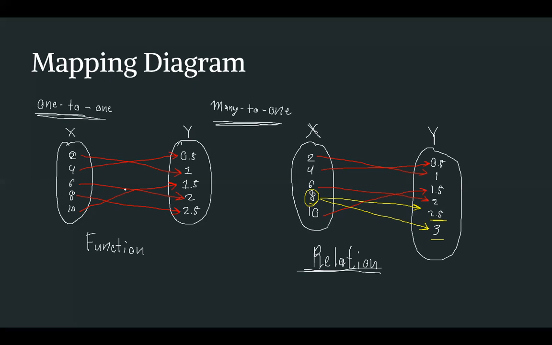Unlike here, it is a one to one diagram, which satisfies the condition, so this one is already a function. So again, how would you know if it is a function? The mapping diagram is a function if it is a one-to-one diagram or a many-to-one diagram.